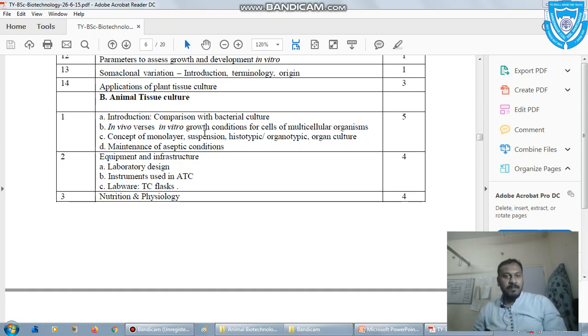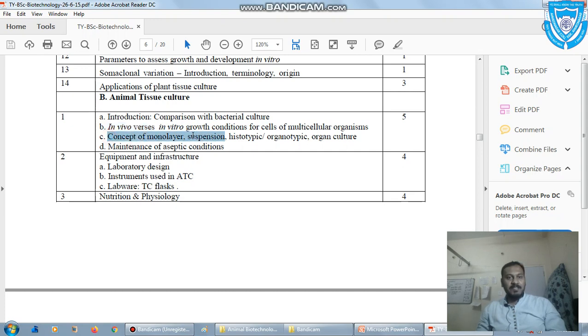So in vitro we are culturing these animal cells apart from in vivo. What different growth conditions are necessary in the organism or in the body itself, and what is the difference in vitro, that means what kind of nutrition we are giving in vitro to grow them. So these kinds of study we are going to see in this subtopic.